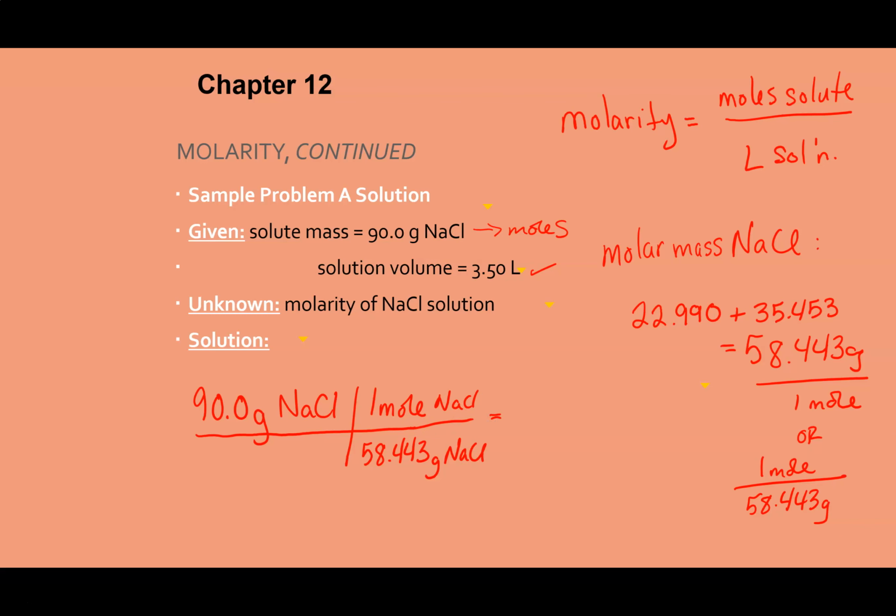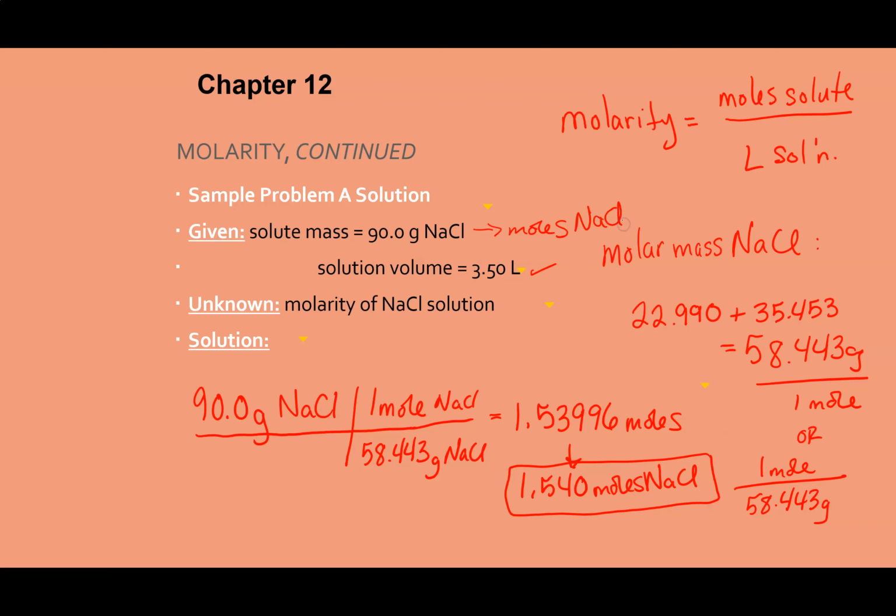Doing that, I'm going to end up with 1.539996 moles. Let's round that to 3 decimals, 1.540 moles of NaCl. Okay, so that is our number of moles of NaCl.